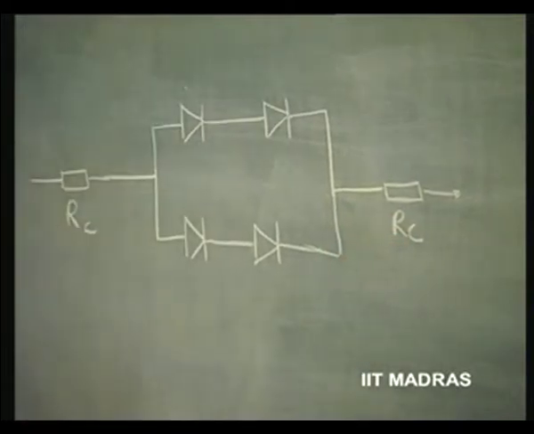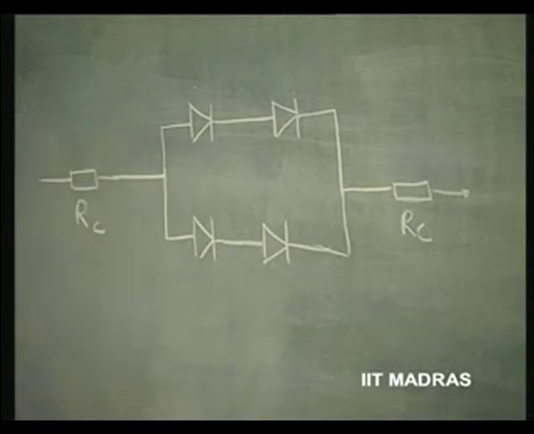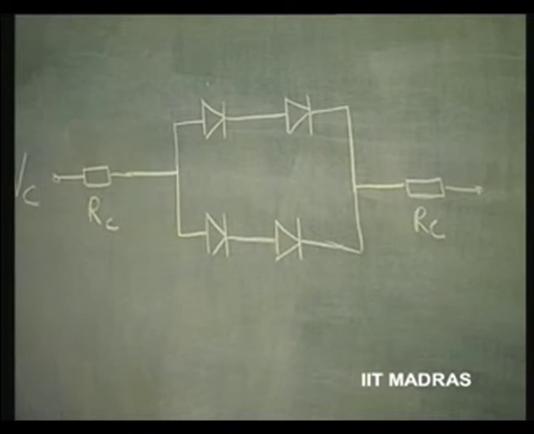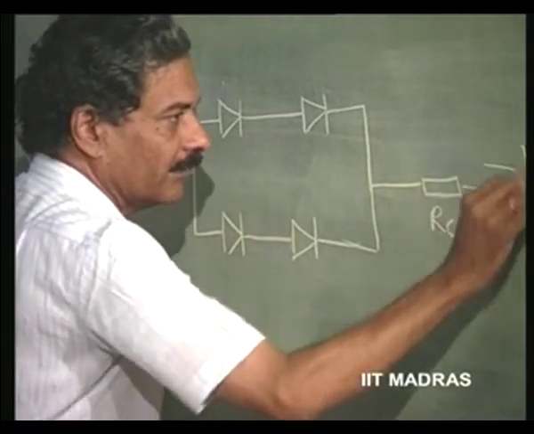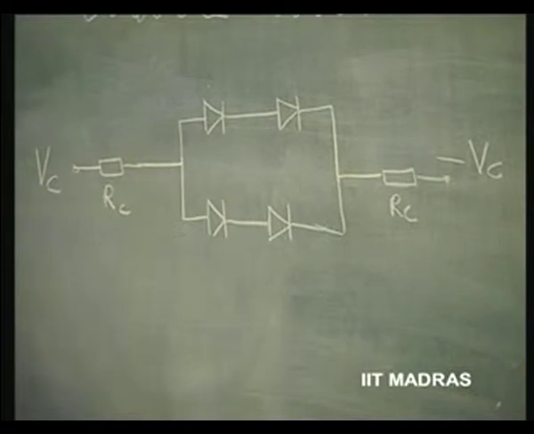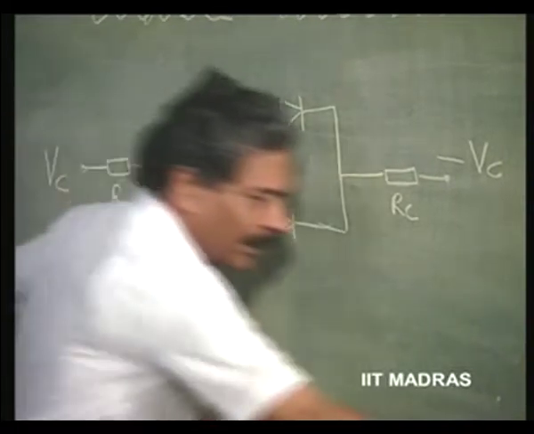If I want this string of diodes to conduct, I apply a positive voltage, let us say Vc here, and here I apply minus Vc. Now, what happens? There is going to be current through the diode.